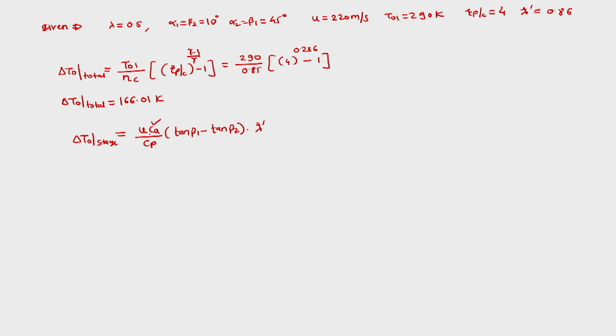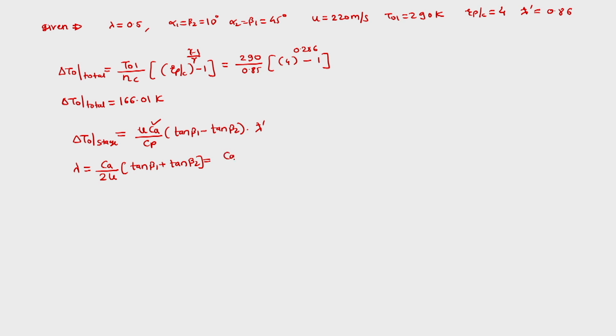Only U is given, so Ca can be found out from the degree of reaction, which is given as lambda equal to Ca upon twice U into (tan of beta 1 plus tan of beta 2).